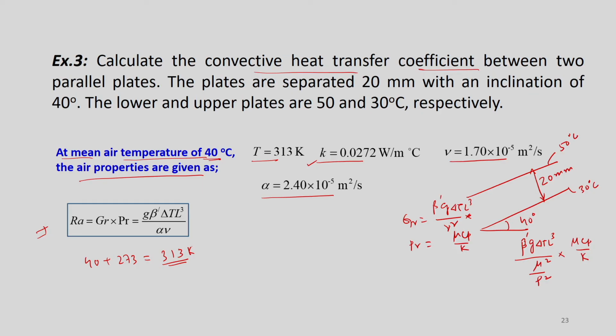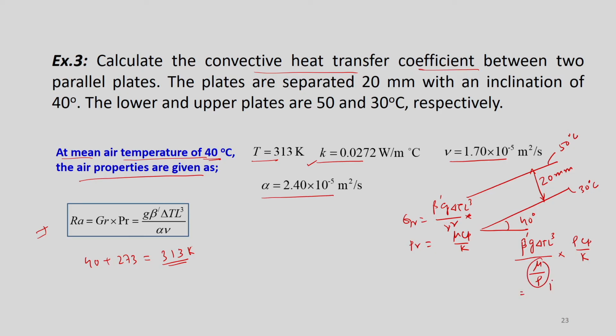Then the rho will go out, one mu will cancel, and one rho will remain, so that mu by rho is again nu.